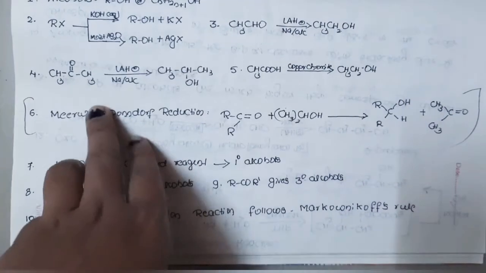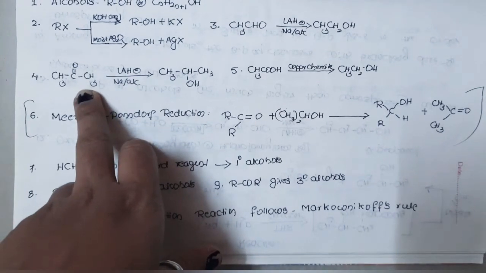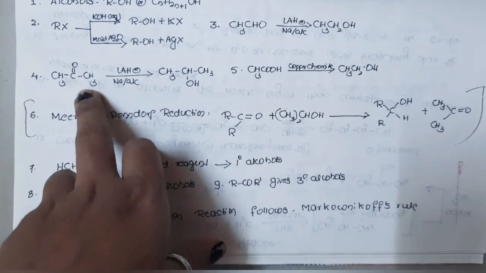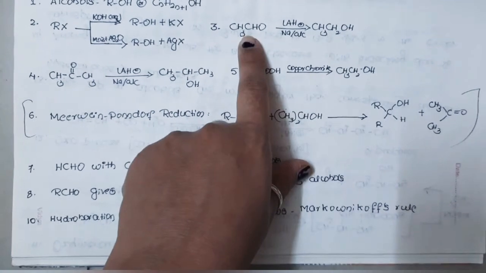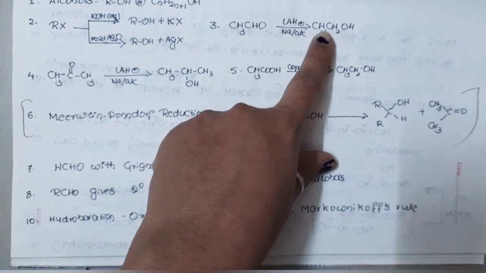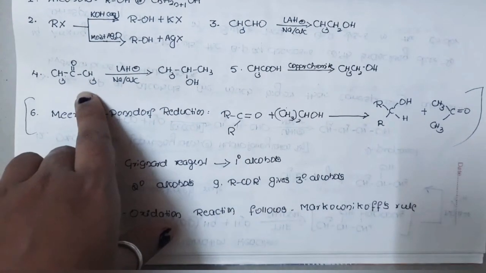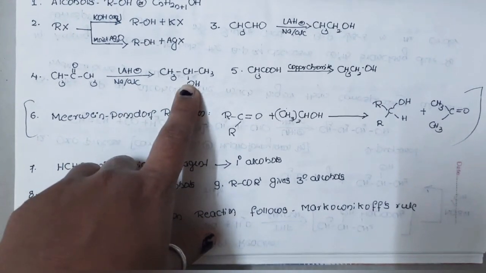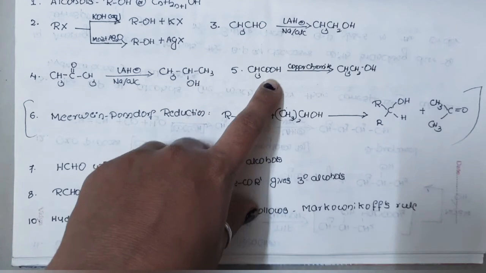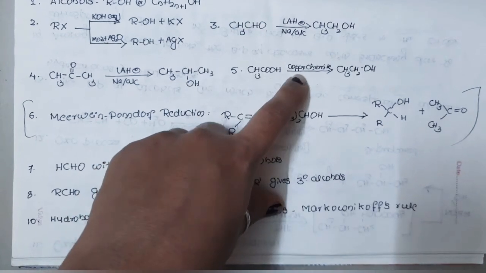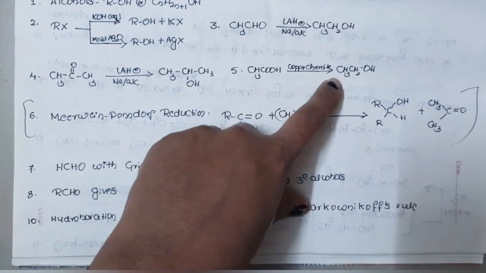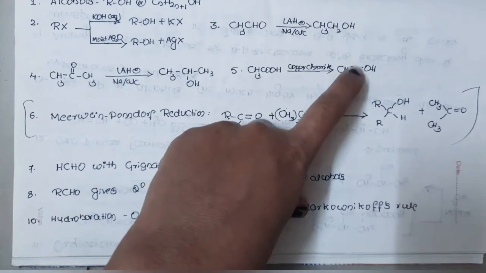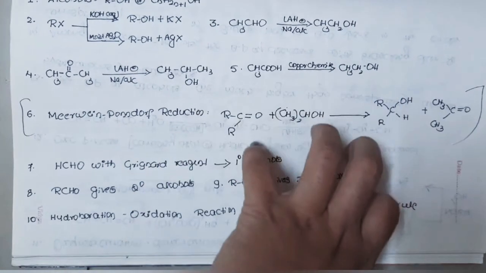Similarly, I have acetone, or you can say a ketone. See here, the aldehyde upon reduction gives primary alcohol, and the ketone upon reduction gives secondary alcohol. This is the difference you have to understand. Then we have a carboxylic acid, which when treated with copper chromate also gives alcohol. Which alcohol? Primary alcohol. These points you have to remember.